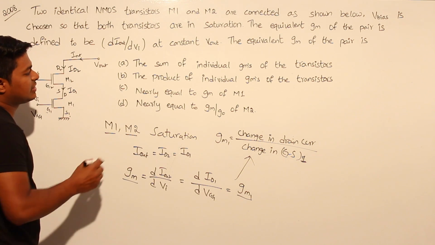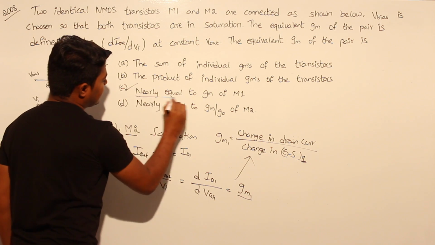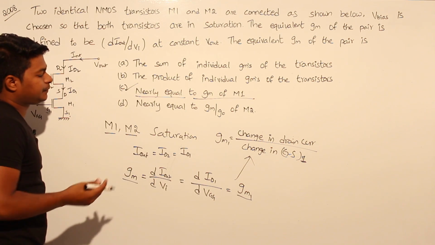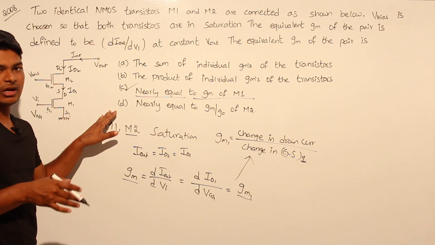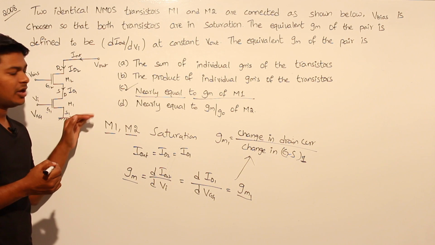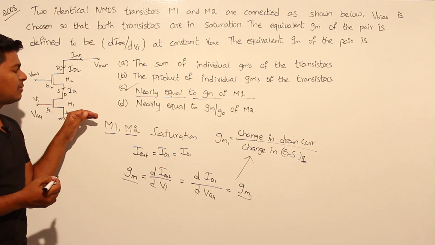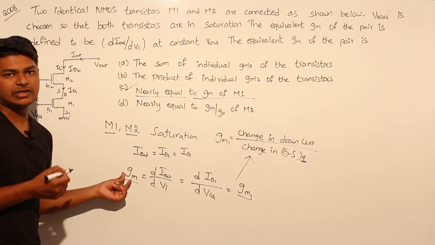If you observe the options, it's nearly equal to GM of M1. So option C is the correct answer. This kind of question can be easily solved if you just look into the diagram and analyze it carefully. If you are able to analyze this diagram, you can simply solve it by using these simple definitions which we have.